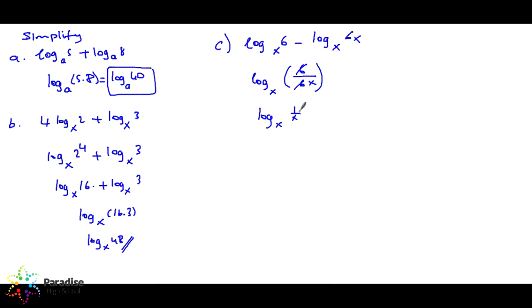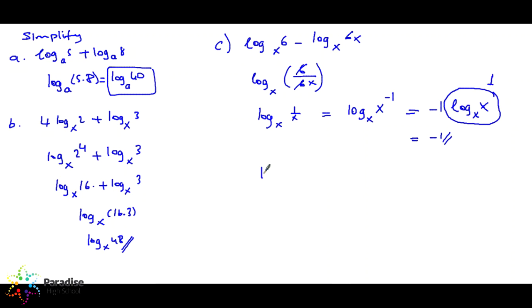Right? So what do I do here? Very simple. Log base x of 1 over x. Can I write it as x to the power of negative 1? Yes. The power comes in the front: negative 1 times log base x of x. What is log base x of x? The base and the number are the same, so 1. Negative 1 times 1 is negative 1.